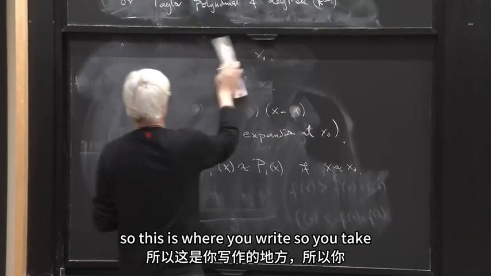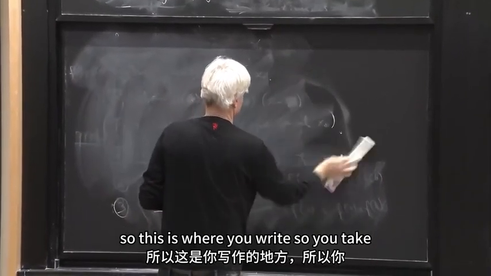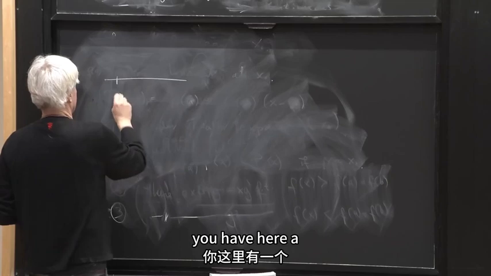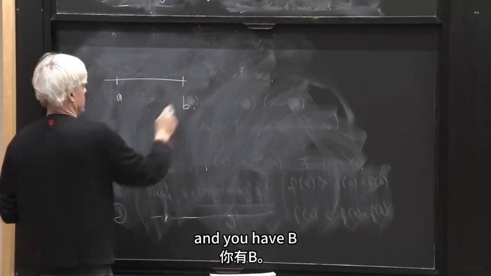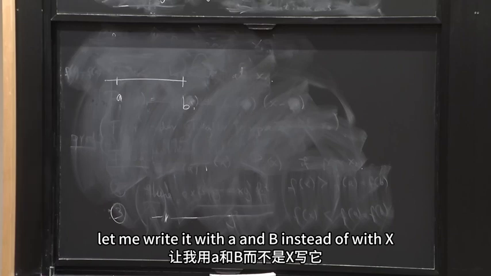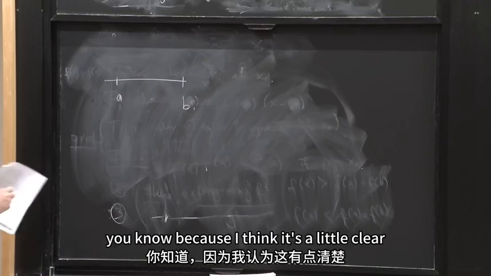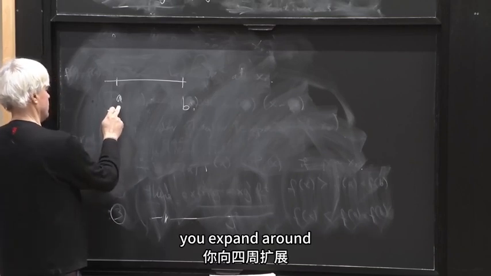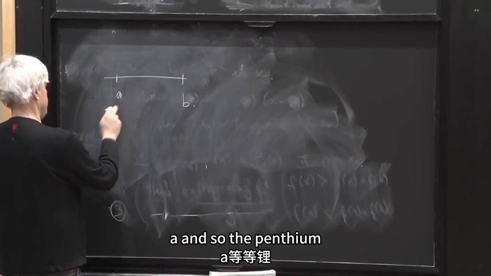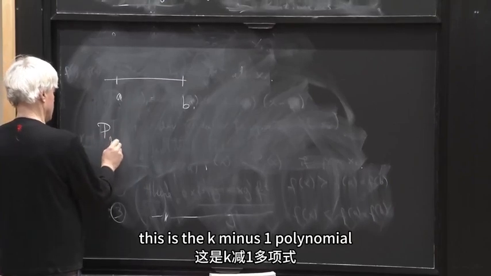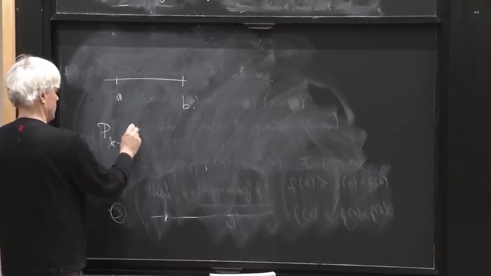So you have here a and you have b. Let me write it with a and b instead of with x, because I think it's a little clearer. So the polynomial is where you expand around a, and this is the k minus 1 polynomial.